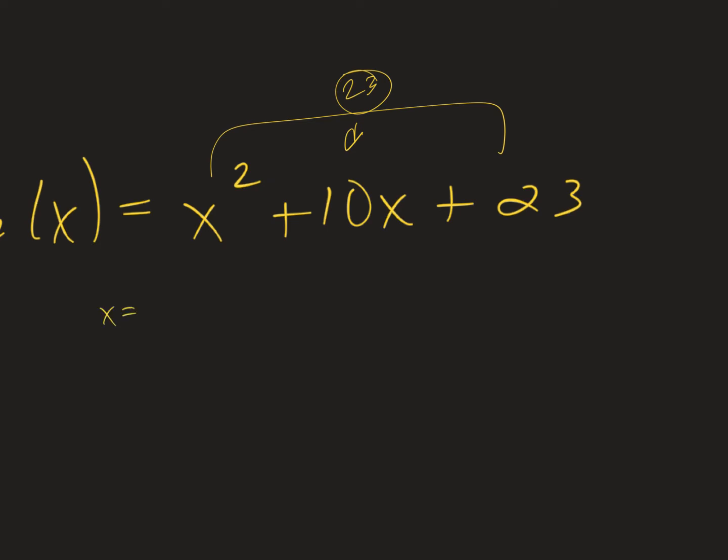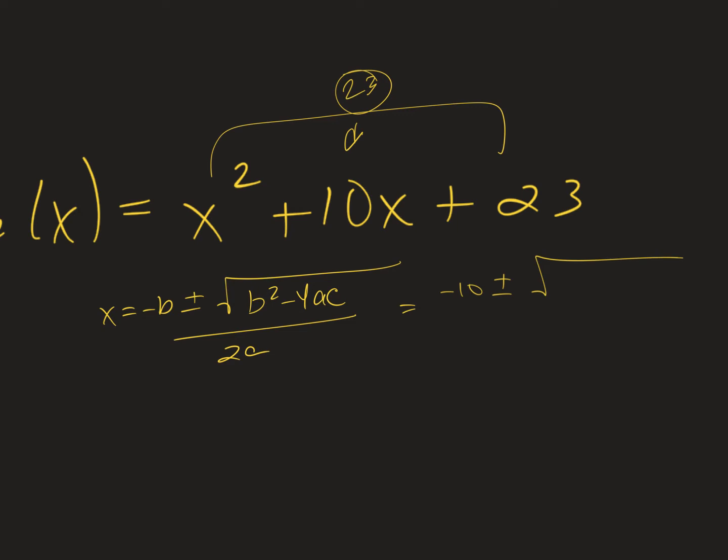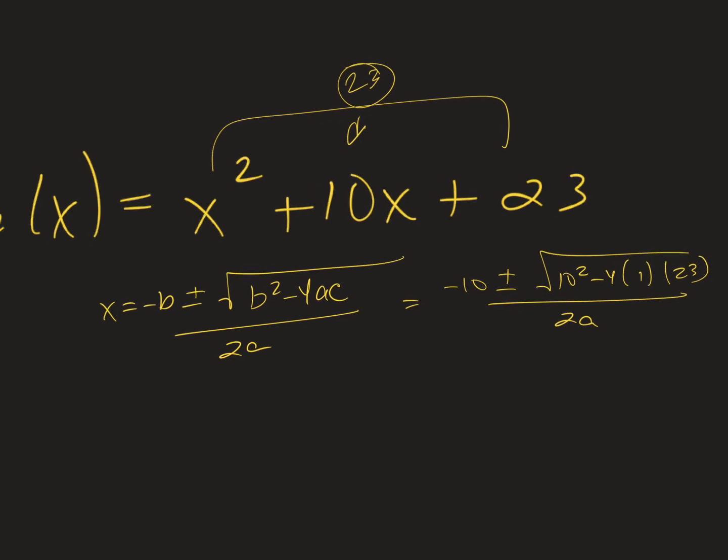So I have x equals negative b plus minus the square root of b squared minus 4ac all over 2a. So let's fill in that info. I have negative 10 plus or minus the square root of 10 squared minus 4 times 1 times 23 all over 2a. Okay.